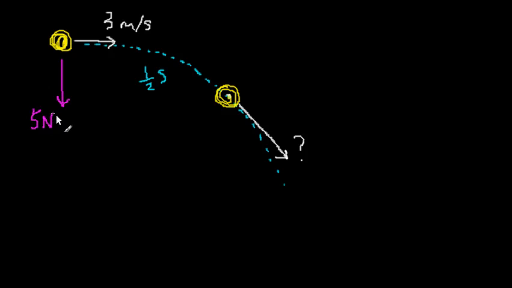Given that it's 5 newtons, and that its mass is 0.5 kilograms. Suppose that we are given this information, right? What is the velocity after half a second? Okay, how do we do this?